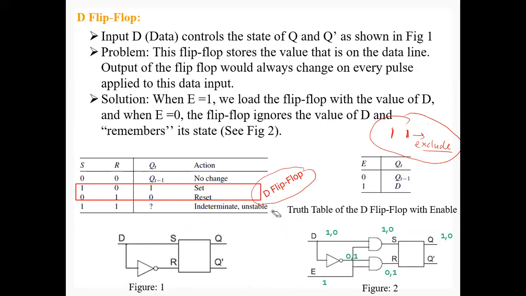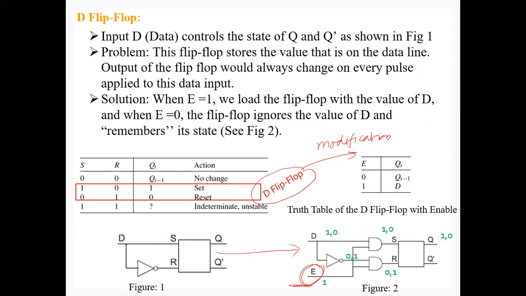Then we have to make some modification to the D flip-flop now. That modification is to have the enable input again. So you have exactly the same thing as before, with one more extra input here.